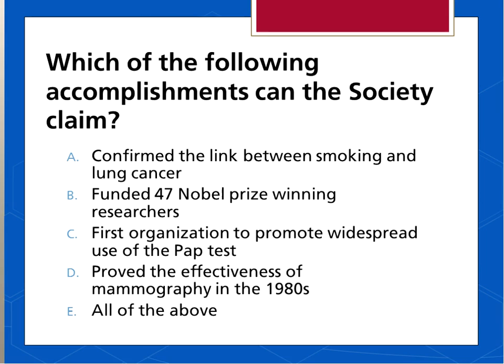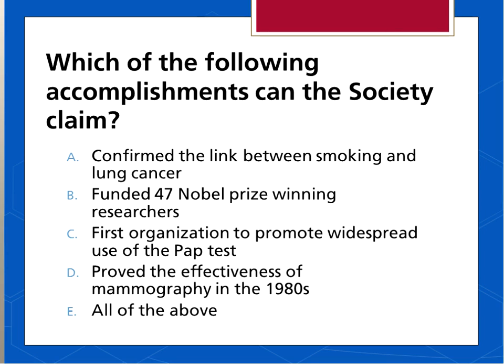All right, so moving on to our next point, trivia question. Which of the following accomplishments can the Society claim? Is it A, confirming the link between smoking and lung cancer? B, funding 47 Nobel Prize winning researchers? C, being the first organization to promote widespread use of the Pap test.